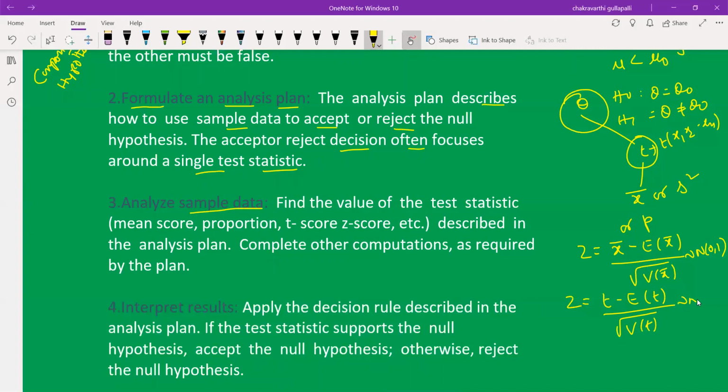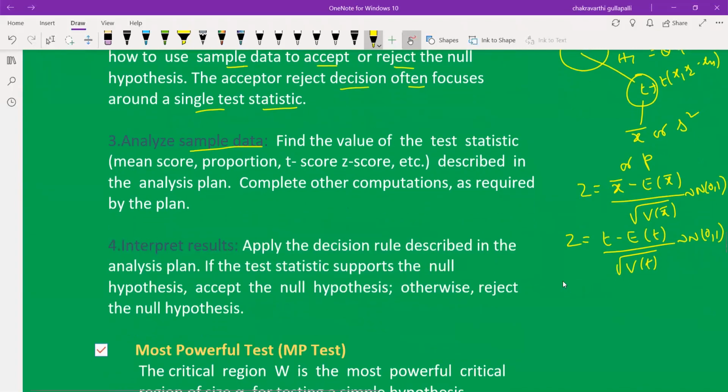For the large case, this follows a normal distribution. For small cases, t is equal to the statistic t minus expectation of t, divided by the square root of variance of t. The square root of variance of t is called the standard error of t, already explained. This follows a t distribution with n minus 1 degrees of freedom.